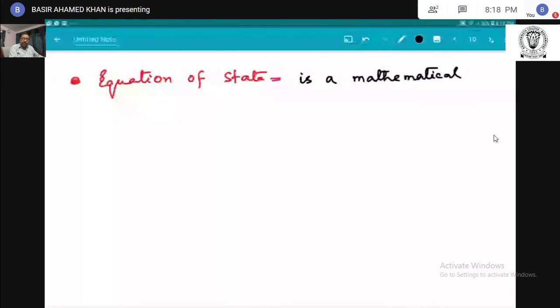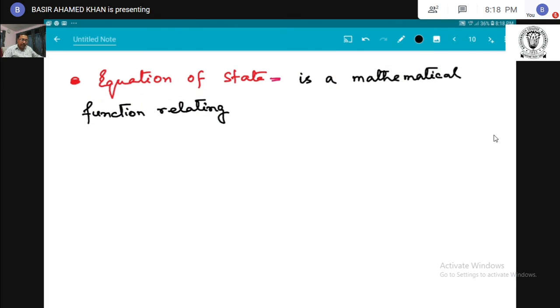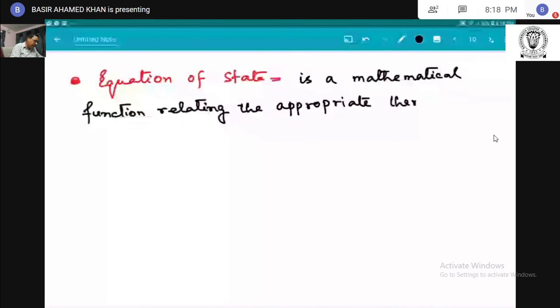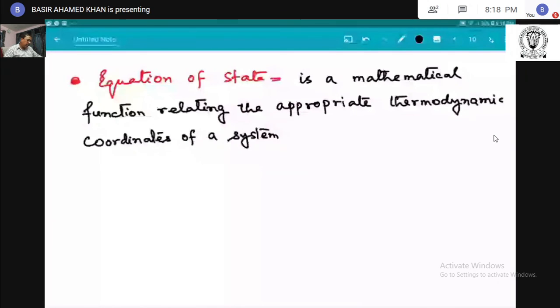Equation of state is a mathematical relation or function relating the appropriate thermodynamic coordinates of a system in equilibrium.